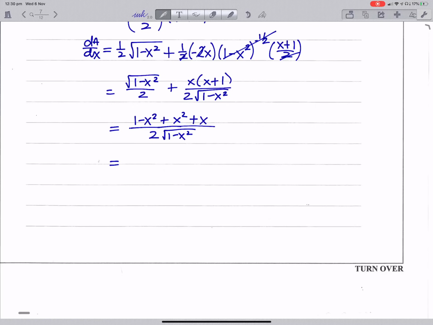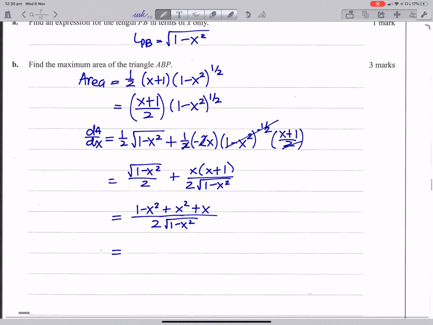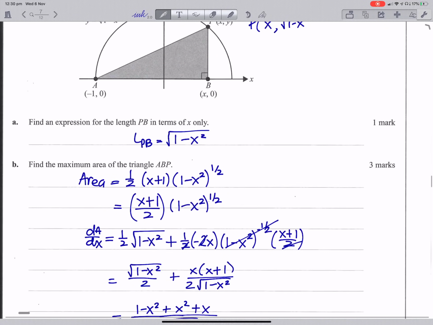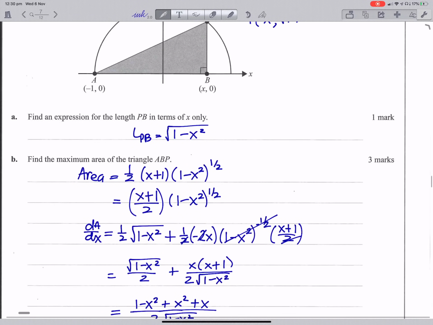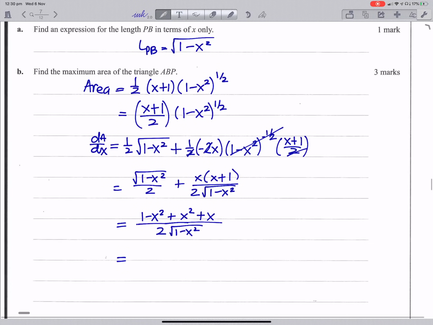That doesn't look right, does it? Why is that wrong? X squared plus x, 1 minus x.